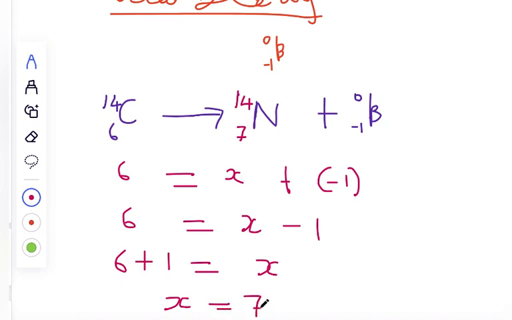For alpha we subtracted, but for beta decay we are adding this negative to make here 7. So you must take note.